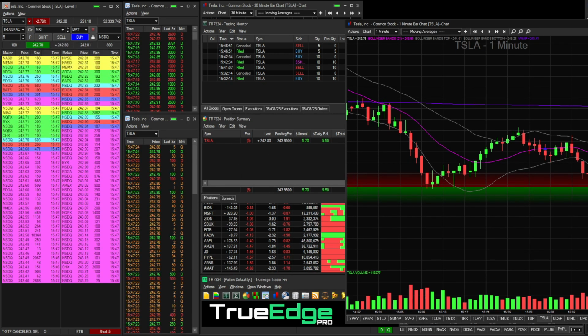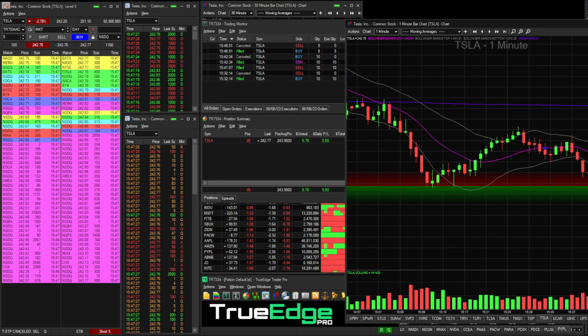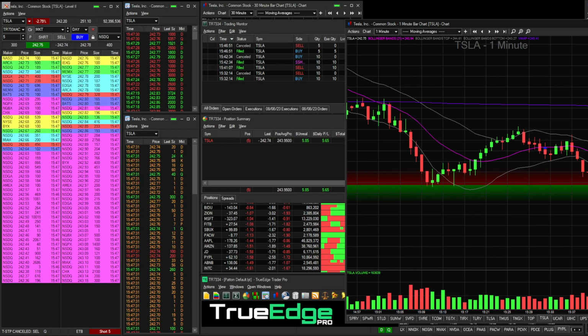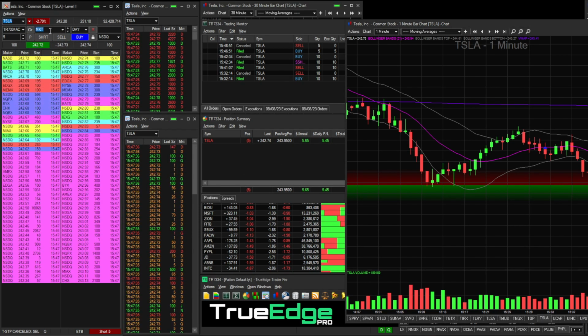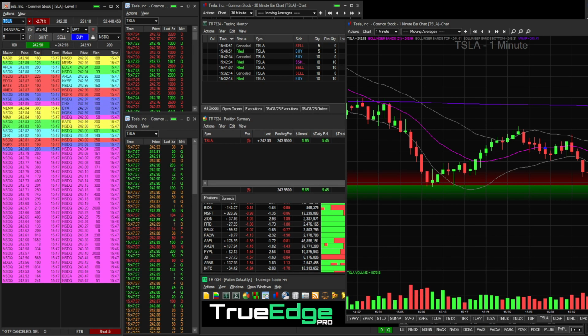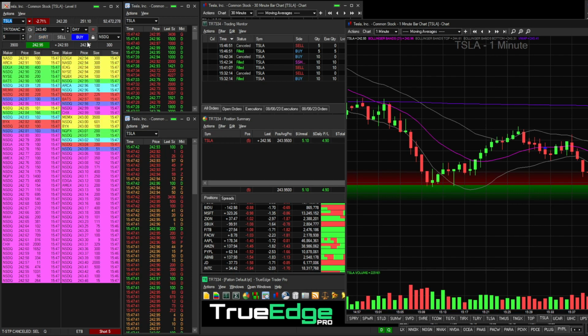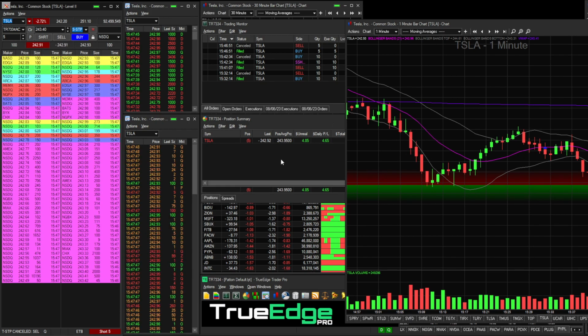So since the market's down here right now, I need to put the stop loss above where it is. Let's say I put it at 243.40. First I have to enter the price, 243.40, which will be right where the cursor is there. I have to choose stop, and then I have to choose the size, which in this case is 5 shares.